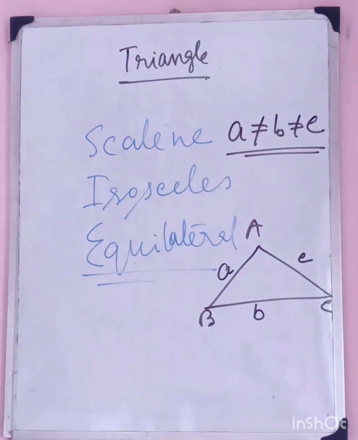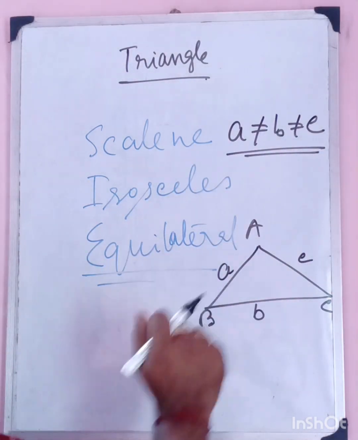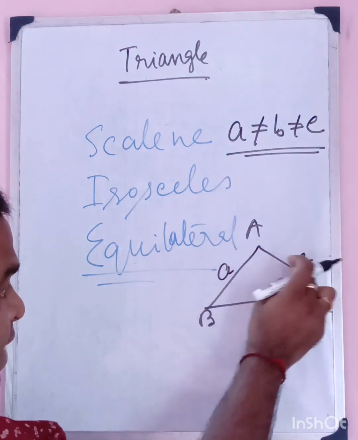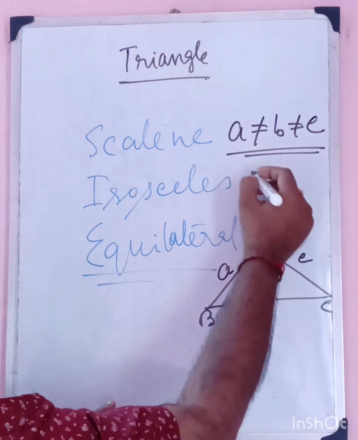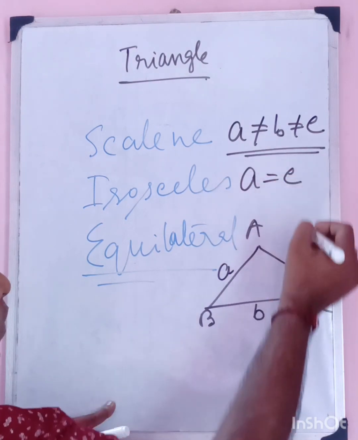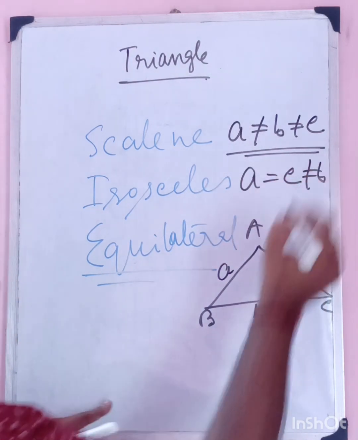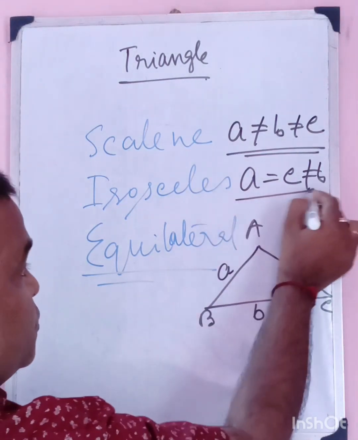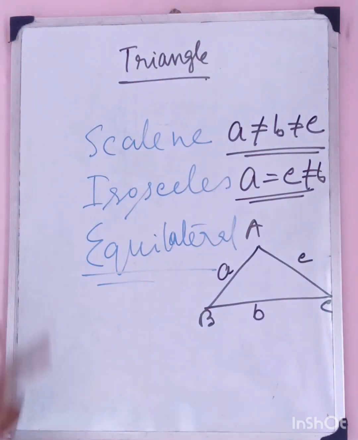But if two sides are equal, suppose a and c are equal but not equal to b, then it is called isosceles. That is, two sides are equal.